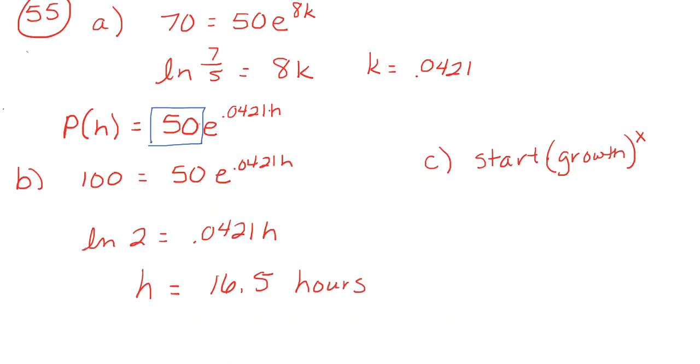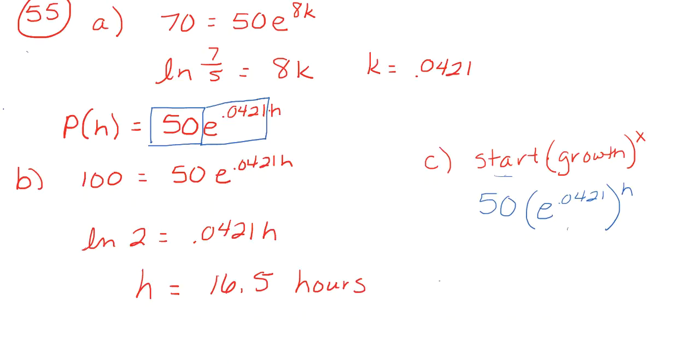The growth is this e to the 0.0421, and the h is the time, that's the exponent. So again, the start for this particular problem is 50. The growth is e to the 0.0421. That's a constant. And then the unknown is the h, the amount of time. So when they ask you for the percent increase, it's right in here. That is the growth.